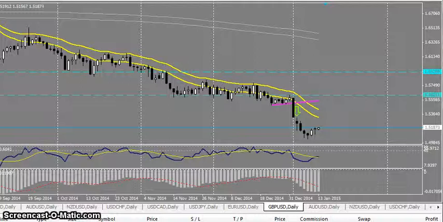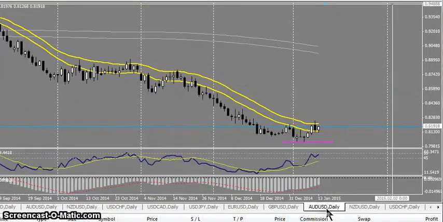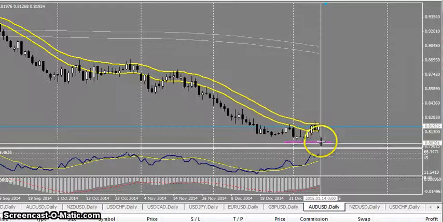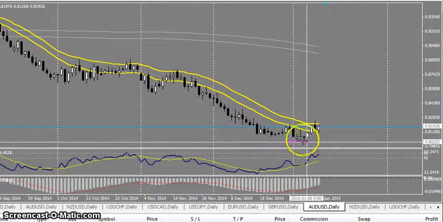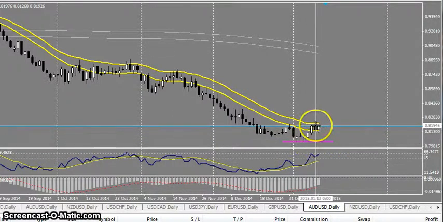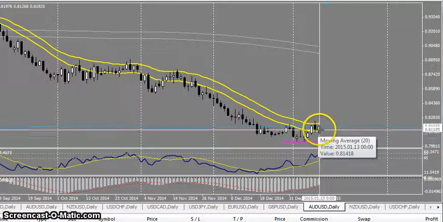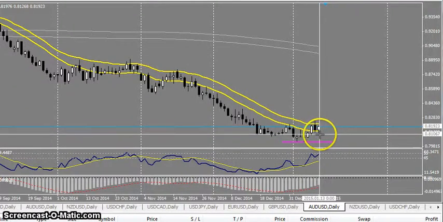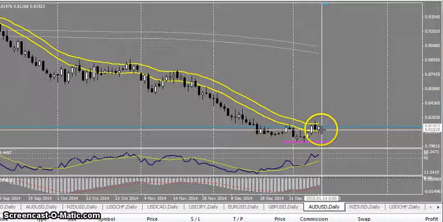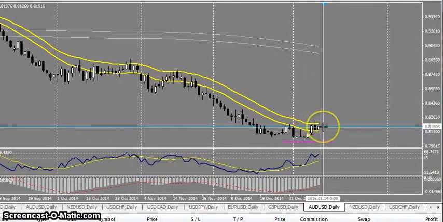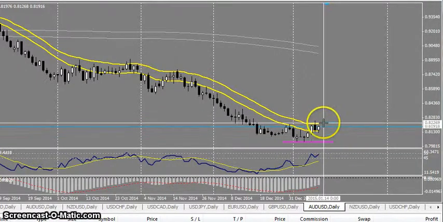Next pair is the Australian US dollar. Now this is a little bit more interesting. We can see here that price has come all the way back up between the high and low 21 EMAs, and we're looking for price either to bounce back down or go higher.